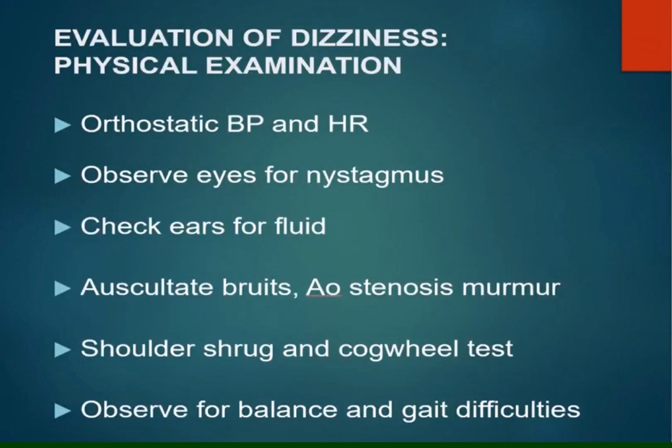So some of the key features of evaluating dizziness include orthostatic blood pressure and heart rate. Just want to caution you that if somebody is on a beta blockade, their heart rate's not going to change a whole lot from the supine to upright position. You want to do provocative maneuvers and watch the eyes for nystagmus.